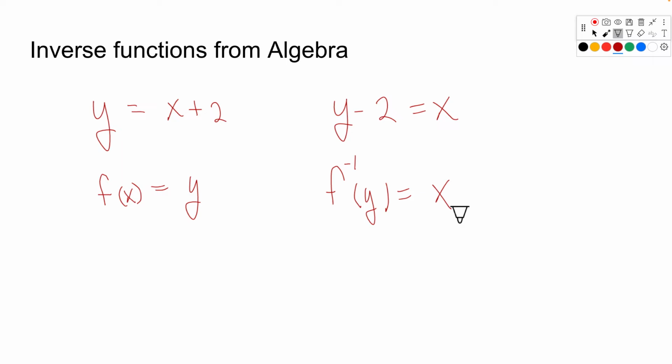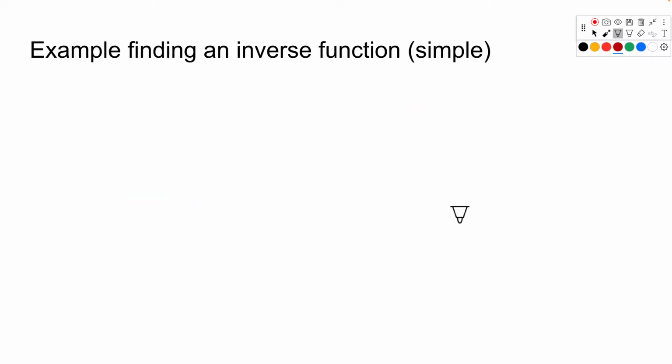So we see this thing where we switch the x and the y, and then we solve for it, and then we even use the inverse function as f inverse of x, so x is still the input into the inverse function, but we're actually getting backwards answers. So there's a little bit of confusion there, but we'll work through that. Okay. So we'll take a simple example of finding an inverse function.